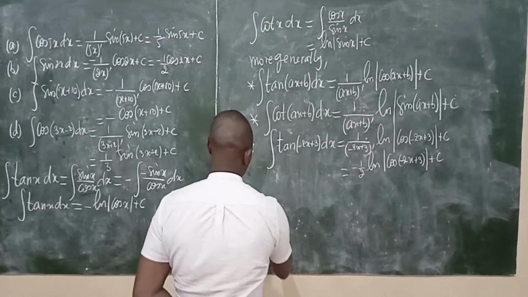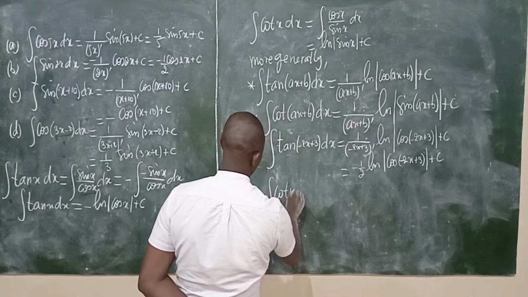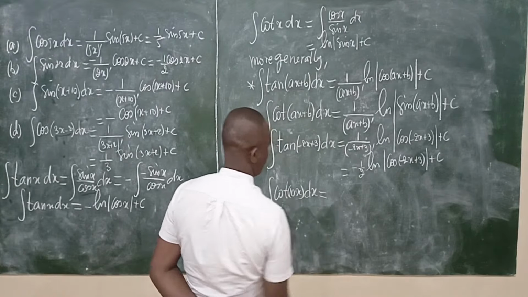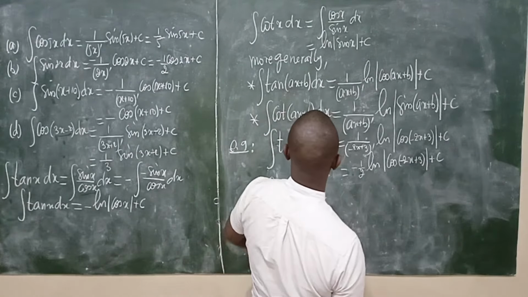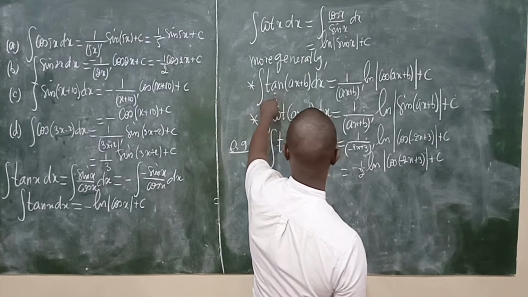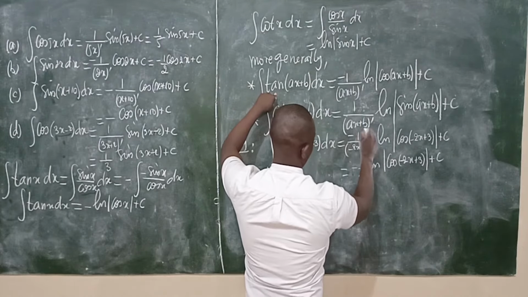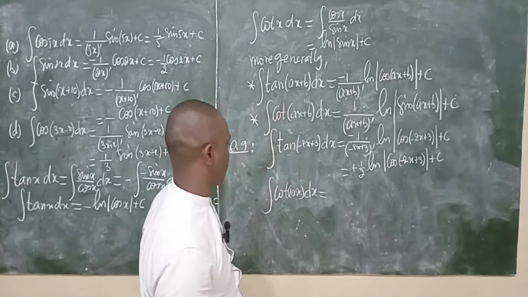What about the integral of cot of 10x dx? For tangent here must be minus, but for cotangent this is to be positive.